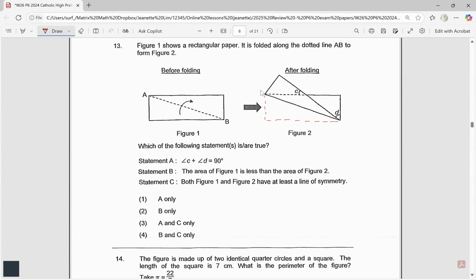Okay, so it's something like that. Now, statement A, angle C and D equals 90. Is it true? Now, if C is the same as this whole thing here, then if you add D, it will be 90. Okay, how do we know if it's the same?